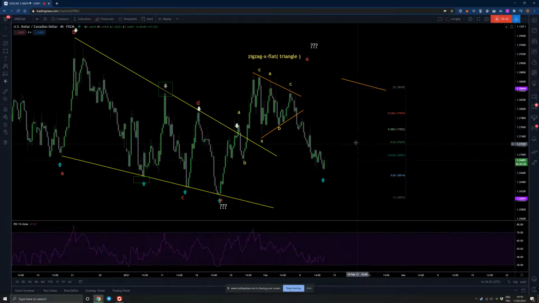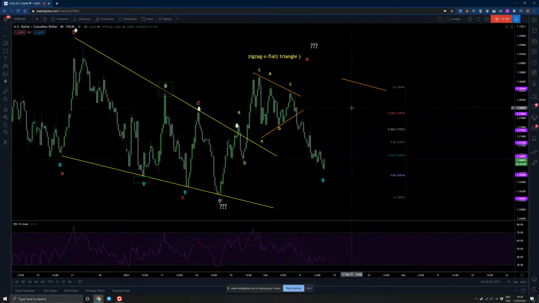Okay, and let's try to find some of the Fibonacci ratios here, and do they work or no? That will somehow help us see whether we are in the right place or not. Okay, so these are the ones that I usually use. These four. Well, actually, we can use 0.236 as well.